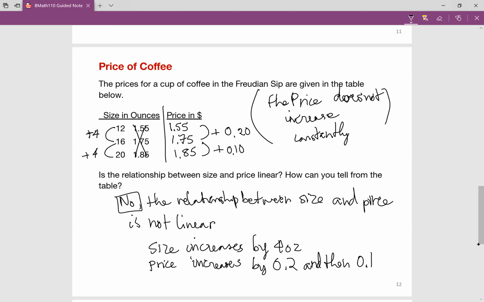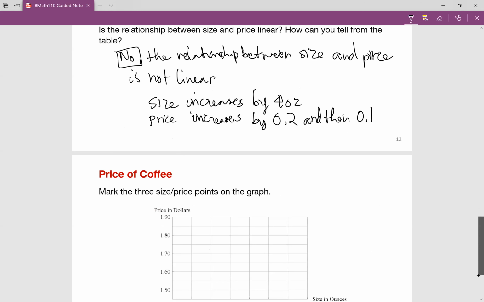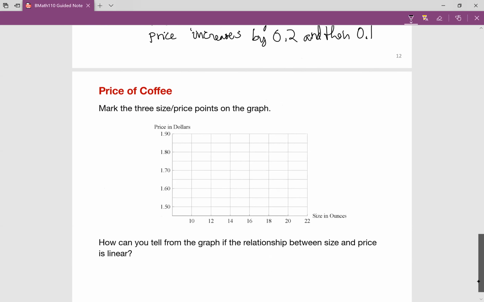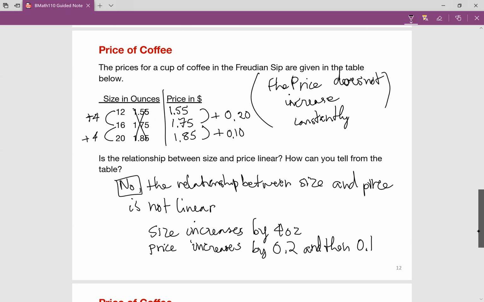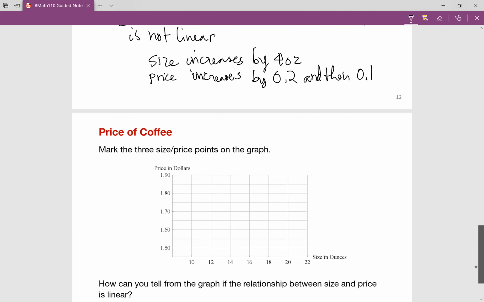Oh, we still have one more slide. Let's mark the 3 size and price points on the graph. I have 12 and 1.55, 12 ounce, right? And 1.55. So here.